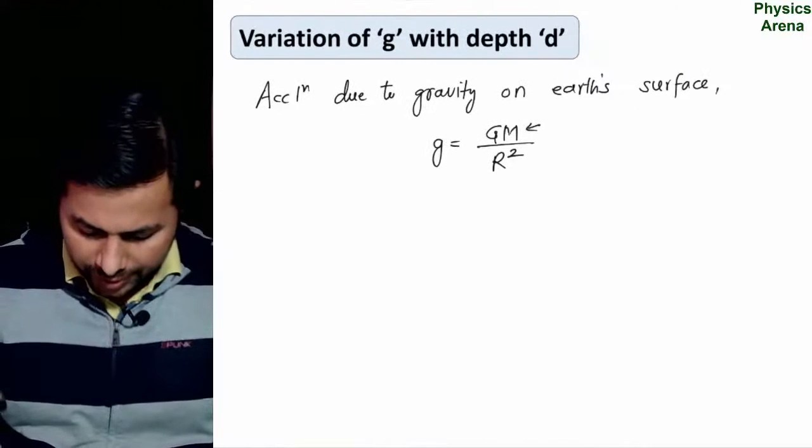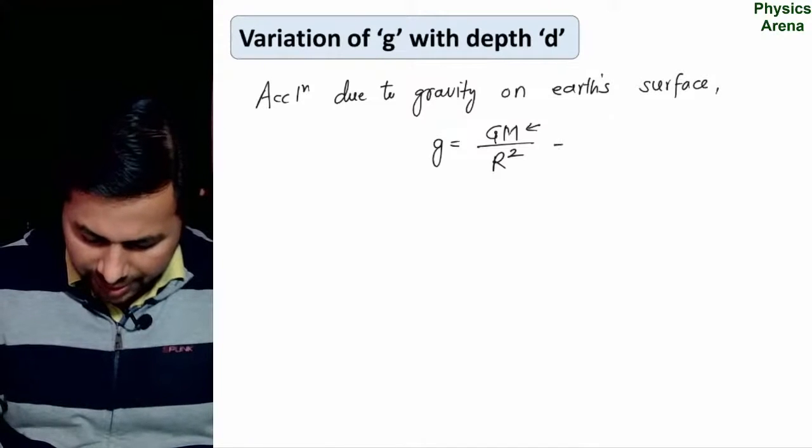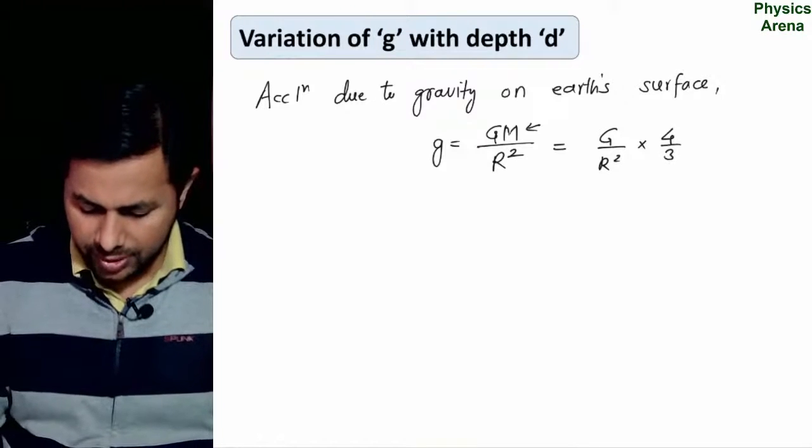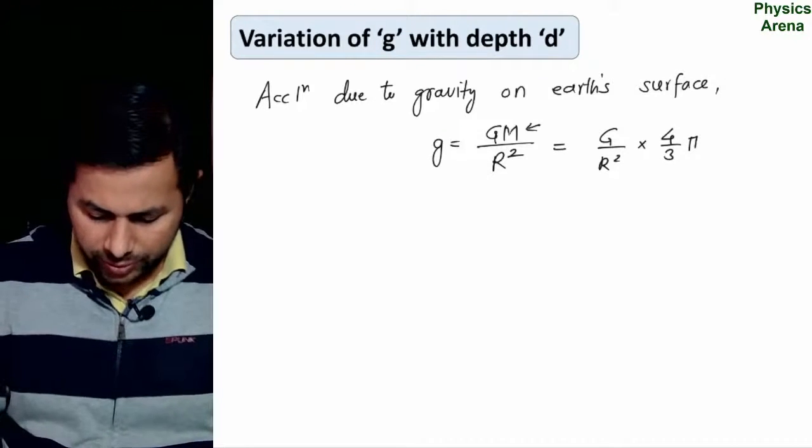So this can be written as G over r raised to 2 multiplied by 4 by 3 pi rho r cube.